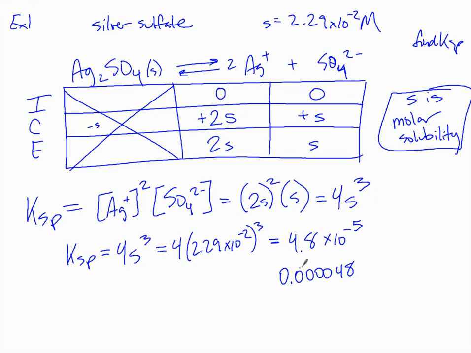When it's this small, when KSP is little, it's really going to favor the original solid. And so I'll even write it here, favors the solid. Let's leave it at that.